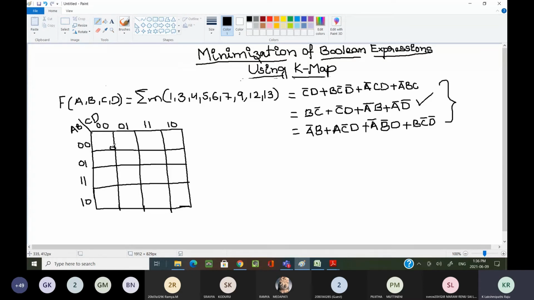Okay, this is my 0th min term, this is my first min term, second, third, fourth, fifth, sixth, seventh, eighth, ninth, 10th, 11th, 12th, 13th, 14th, and finally this is my 15th min term.